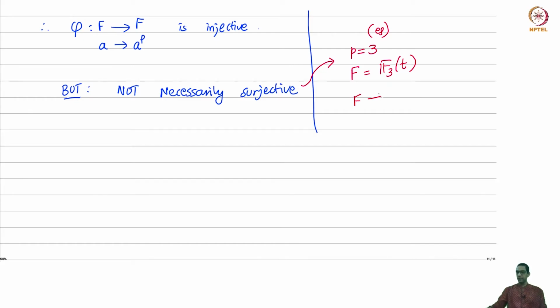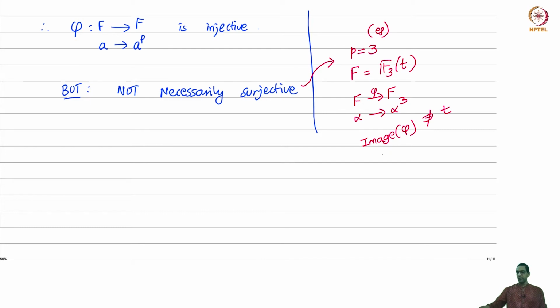So what is a map from F to F? It sends every alpha to its cube. Okay, so this is the Frobenius map. Observe that the image of this Frobenius map does not contain the element t of the field.